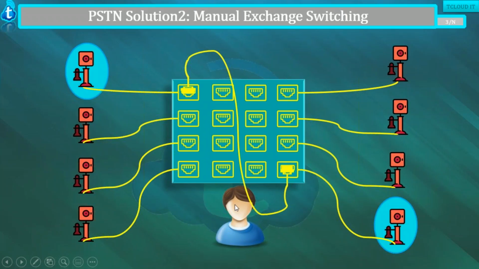So this person tells him, hey man, I want to talk to so and so person. Immediately he takes his headphone wire out of this port and connects this port to the other port that is leading to this particular device. This is what we call manual exchange switching.